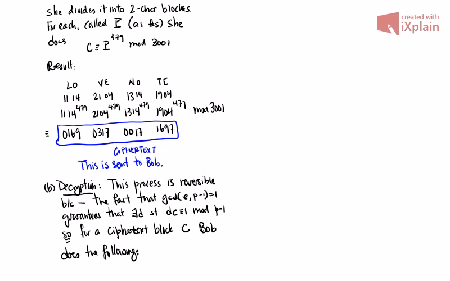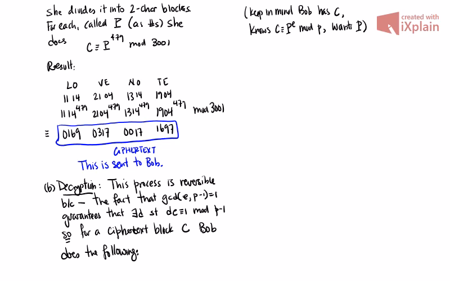Keep in mind that Bob has C. He knows that C is P to the E mod P, and wants P, because Alice did the P to the E and got the C. Bob doesn't know P to begin with, he just knows C. He wants to get P back.